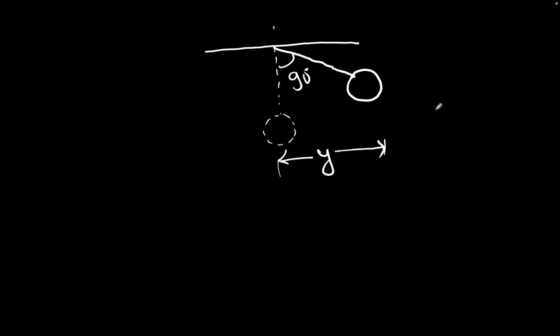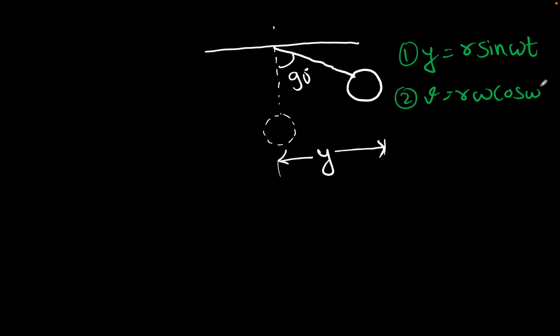So let's again write those equations. y is r sine omega t, v is r omega cos omega t, and acceleration is minus omega square y. Now if you look, theta is going to be 90 degrees.